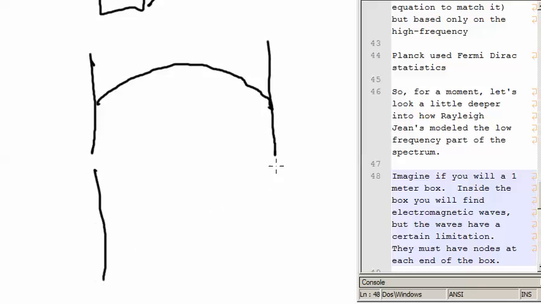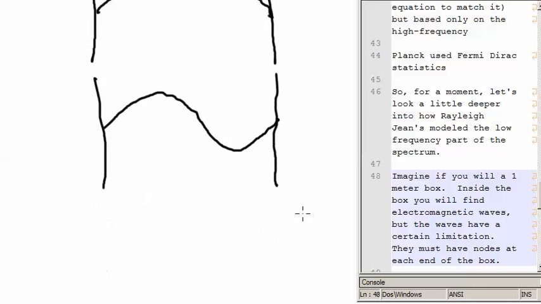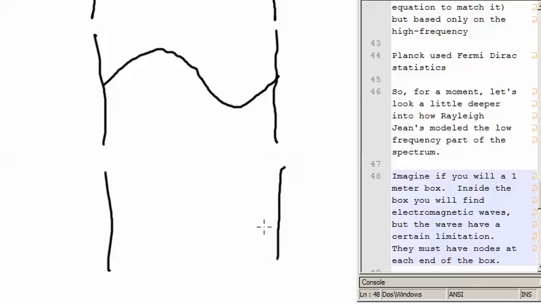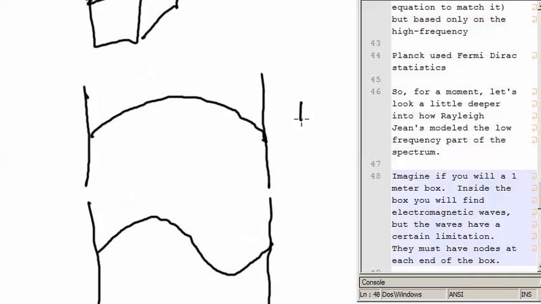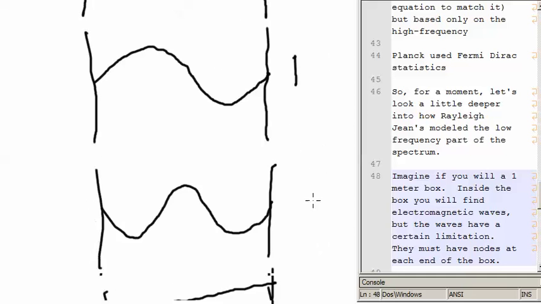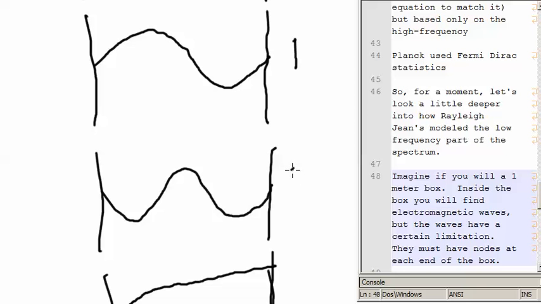So you can have that wave, or you can have that wave, or you can have that wave, but you can't have, say, that wave. You can't have quarter waves or anything other than 1/2, 1, 3/2 wavelengths.